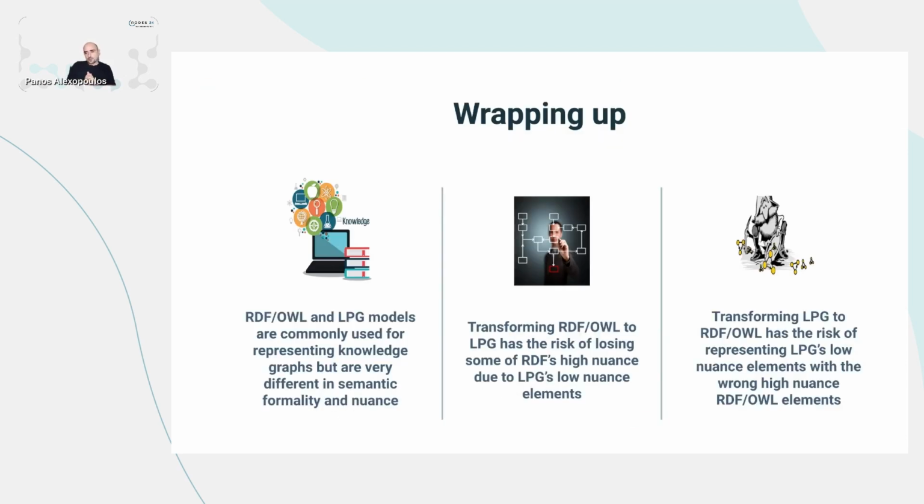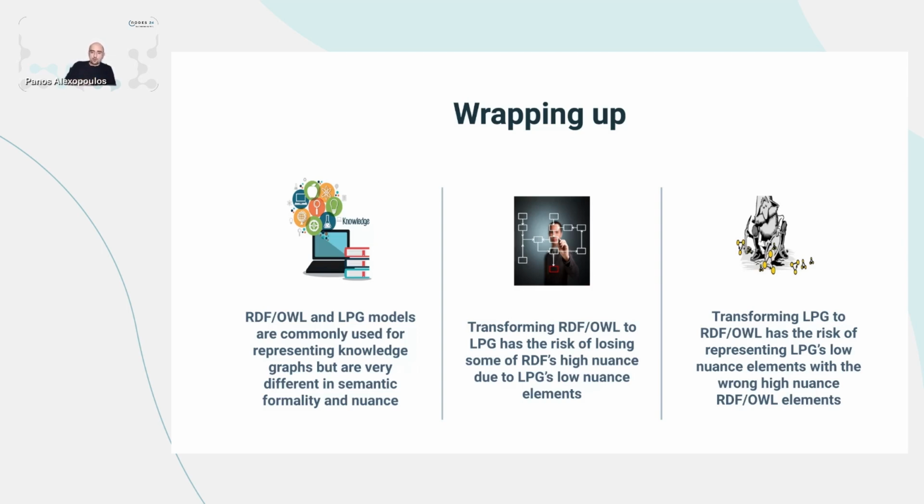So, to wrap up, RDF and OWL and label property graph models are commonly used for representing knowledge graphs, but they are very different in semantic formality and nuance, right? RDF is more formal and more nuanced than a label property graph model. And of course, it's more complex. That's actually its con.